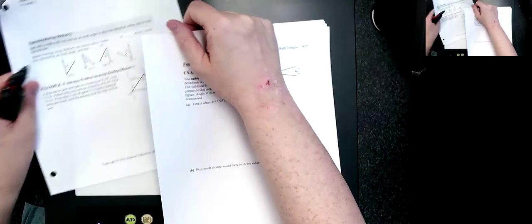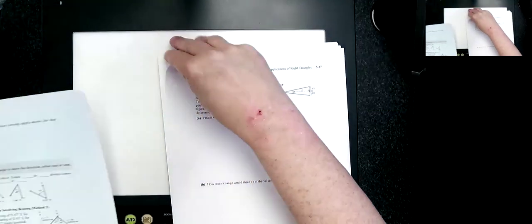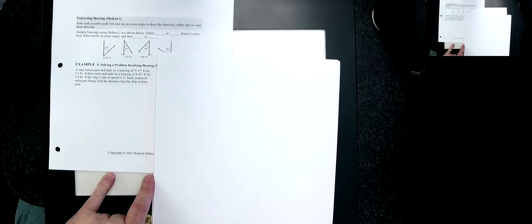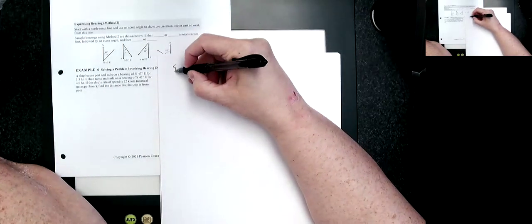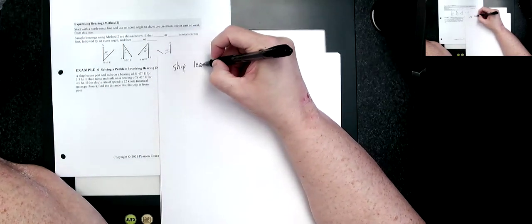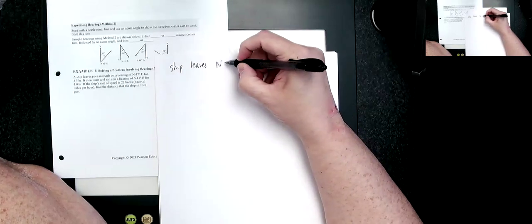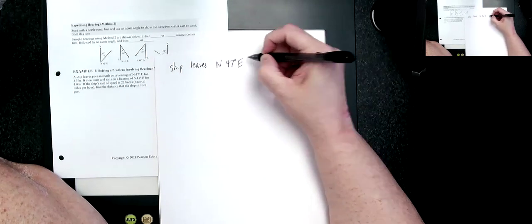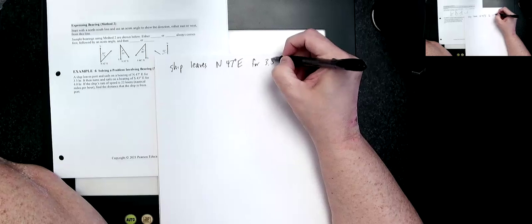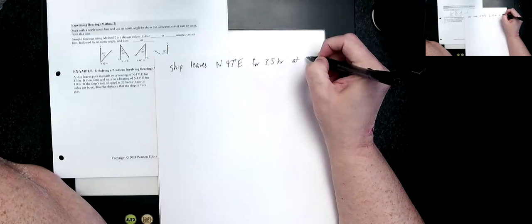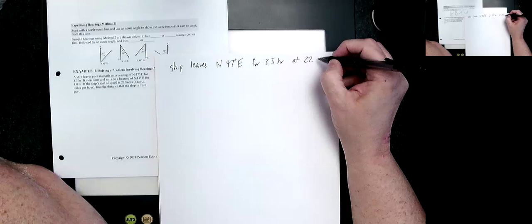So we'll do this here. Ship leaves north 47 degrees east for 3.5 hours at 22 knots.